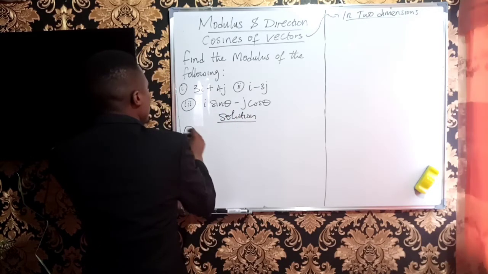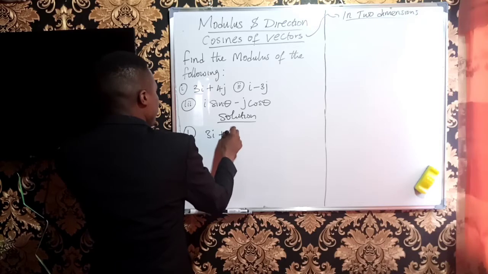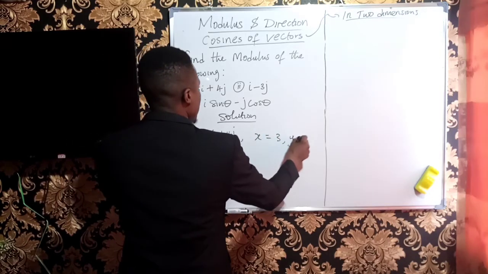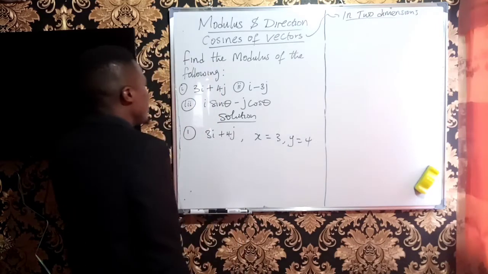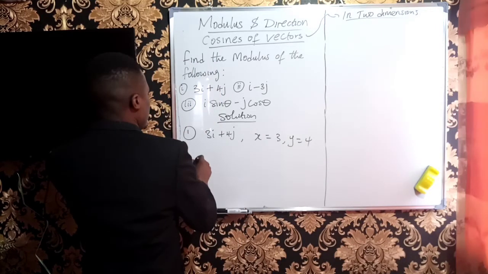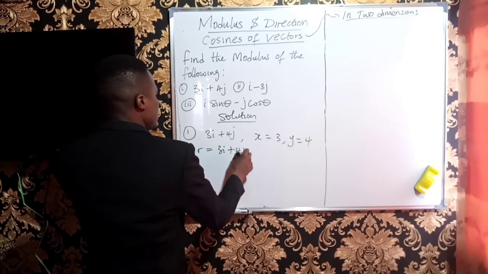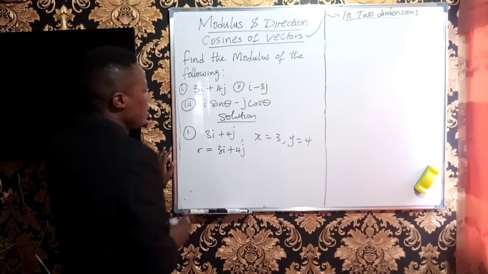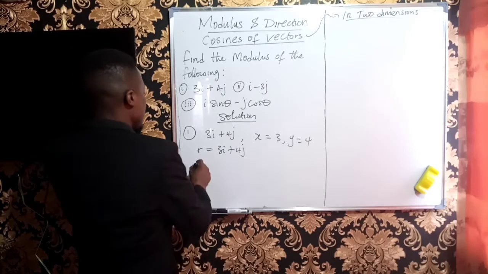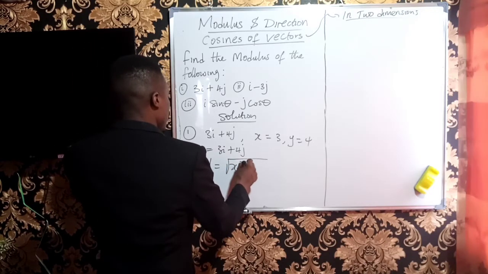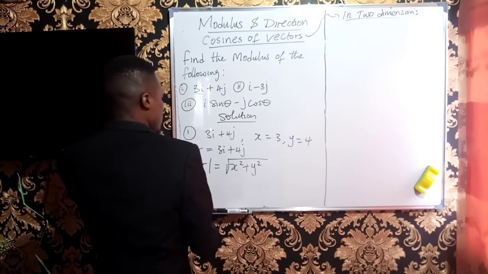For the first one, I have 3i plus 4j. Here my x is just 3 and my y is 4. Now the modulus of the vector, let's say this vector is equal to r, 3i plus 4j. So modulus of r will be square root of x squared plus y squared.